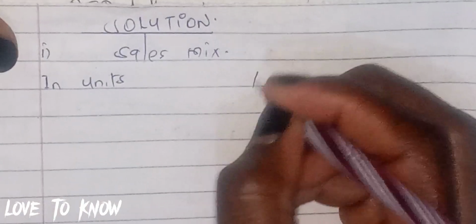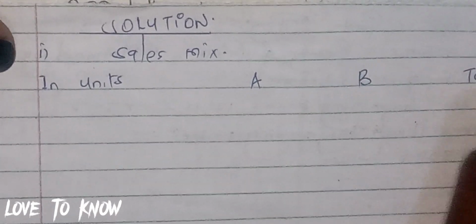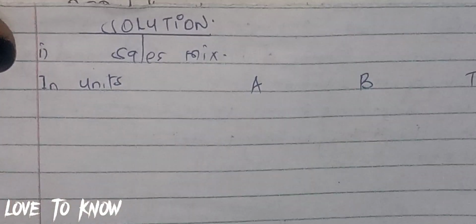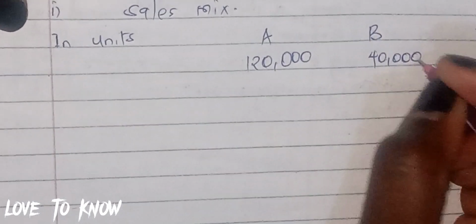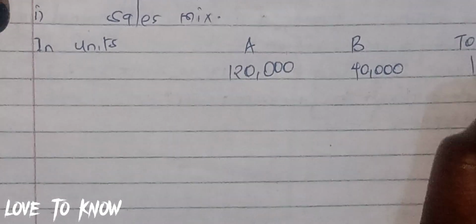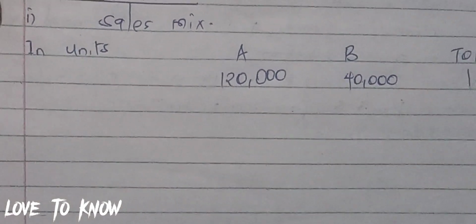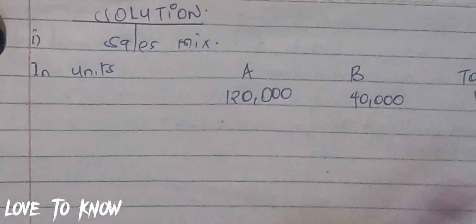You have product A, product B, and the total. Our sales in units for product A amounted to 120,000 and for B amounted to 40,000. This gives us a total of 160,000. For us to get our sales mix, we will divide each amount by the total.